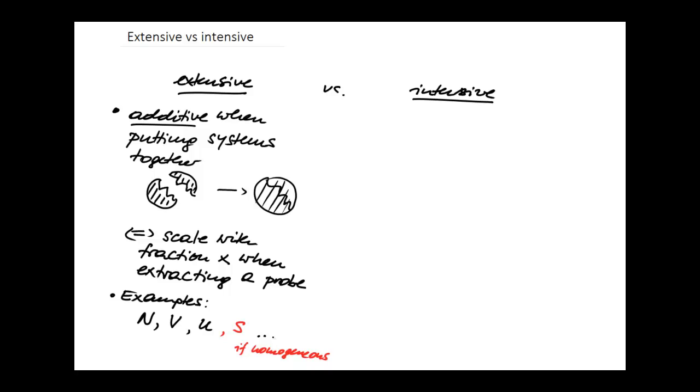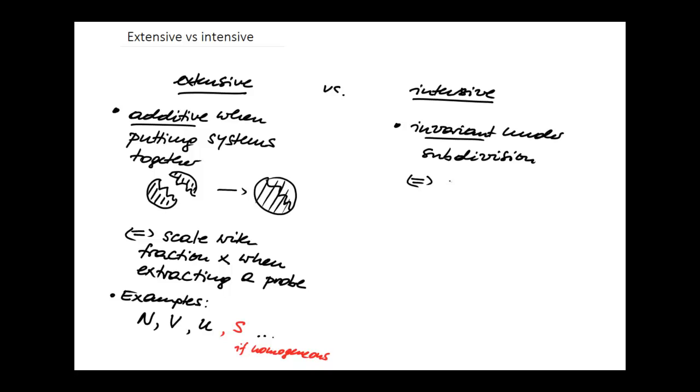In contrast to extensive quantities, there are intensive quantities, and they are characterized by the property that they are invariant when I subdivide a system. Or equivalently, in our picture where we take a fraction x of an entire system as a probe, an intensive quantity will have the same value for the probe as for the entire system.